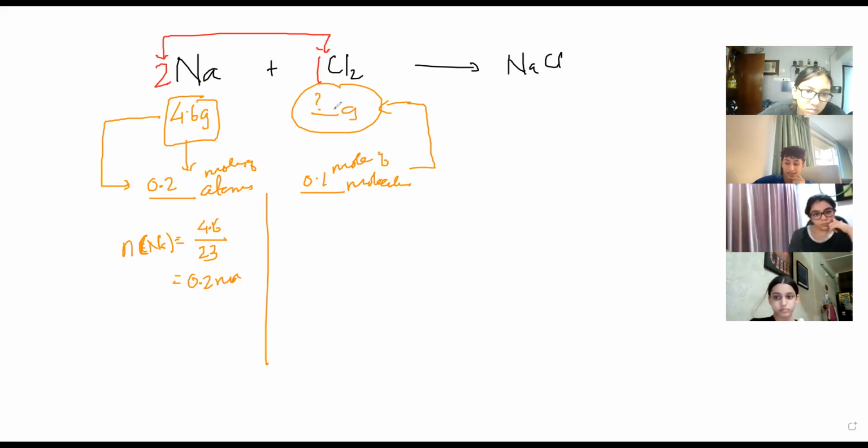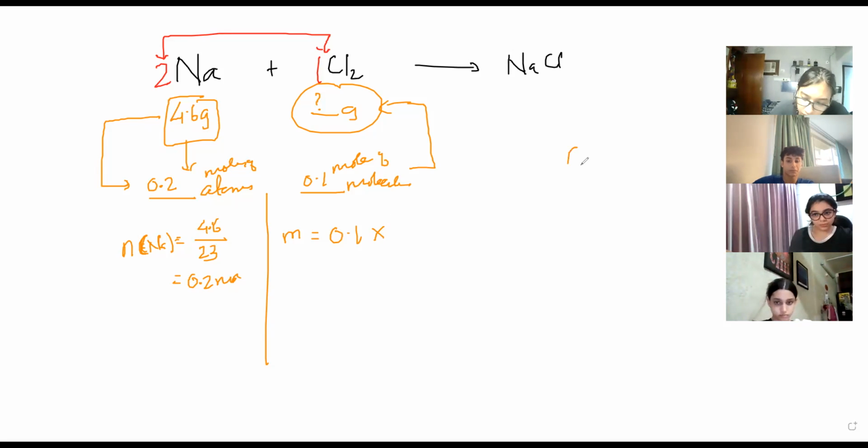If you know moles and you want to find out how much mass makes that many moles, then you know that also. So mass is equal to number of moles into molar mass. Number of moles is how much? 0.1. I want to find out how many grams of chlorine I need to take for 0.1 moles of chlorine. So 0.1 into molar mass. What is the molar mass of chlorine? 71.